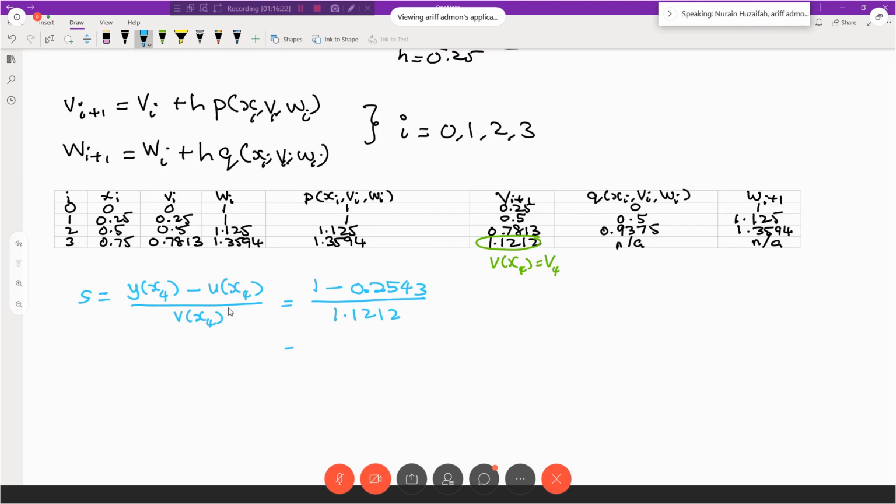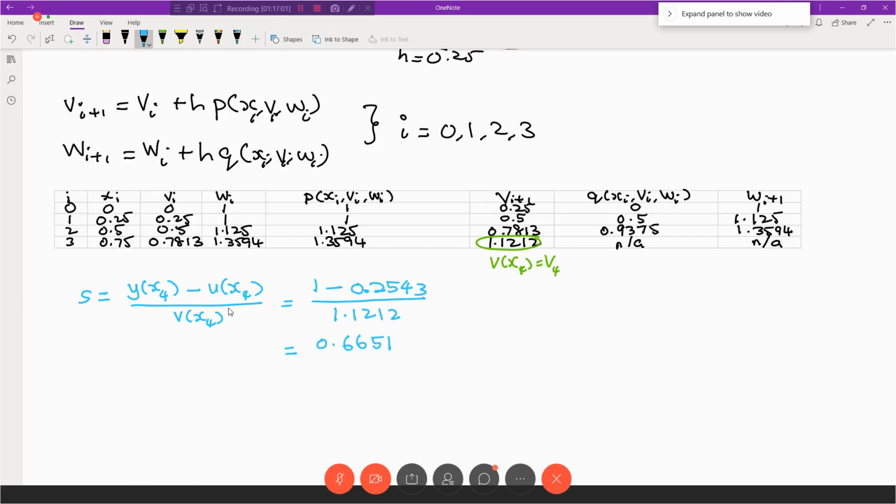What is the value here? 0.6651. Okay, so this is your S value. So we will use this S value in our linear combination solution.